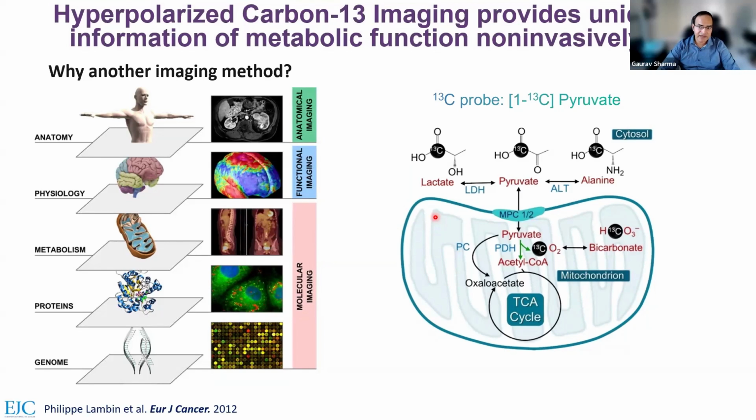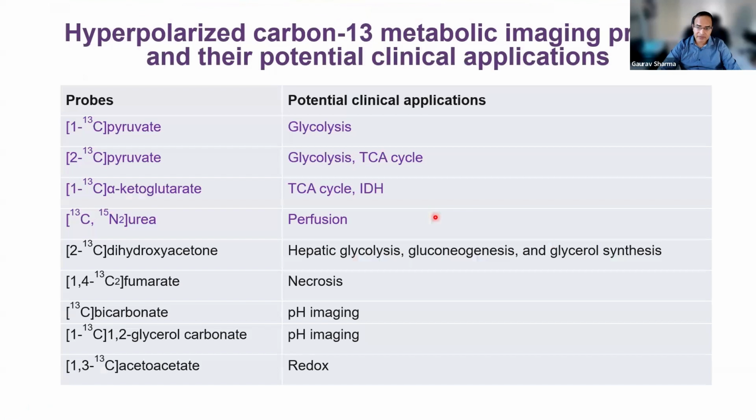But C1 labeled pyruvate is not just one probe. There are many more probes, and the field, while relatively new, has made significant strides in imaging. These are some of the other tracers commonly used. What you see in purple, the top four, are already tested and approved at one of the sites which study hyperpolarized carbon-13 metabolic imaging.